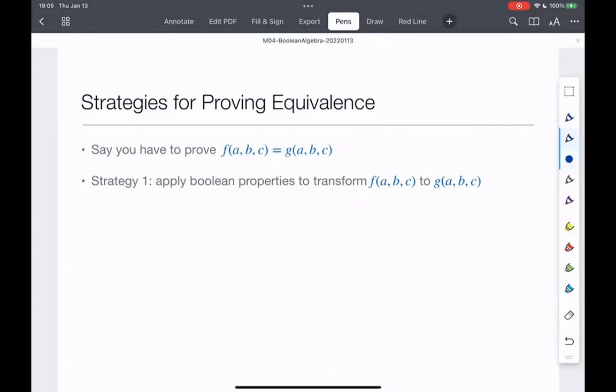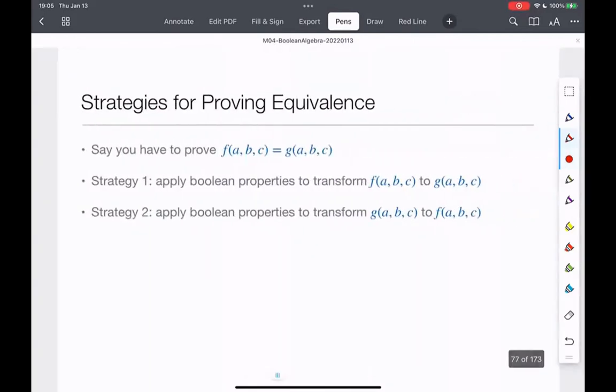One thing you can do is apply Boolean properties so that I can systematically transform function f to function g. I have to find a way to transform these things to get from f to g. So I could do that. Strategy 2 is to go in the reverse direction, g to f.